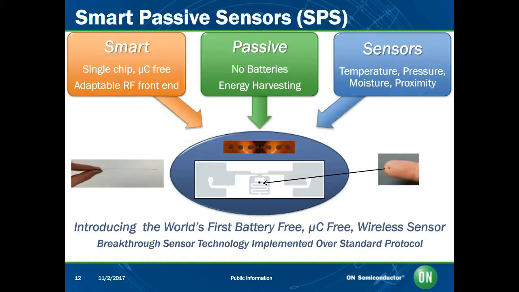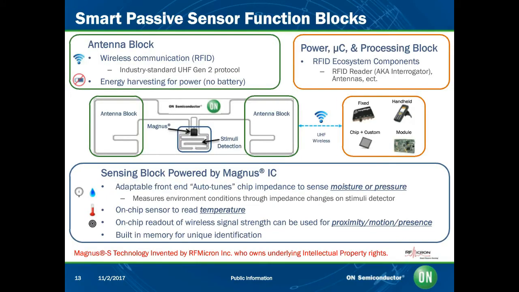So that's what we're calling the smart part of it, does the sensing. We say passive because it works from energy harvesting. The smart passive sensor is part of a system, so there's a counterpart to that that has a shared power and computing block. So the sensors themselves are powered through energy harvesting, and then the sensing.